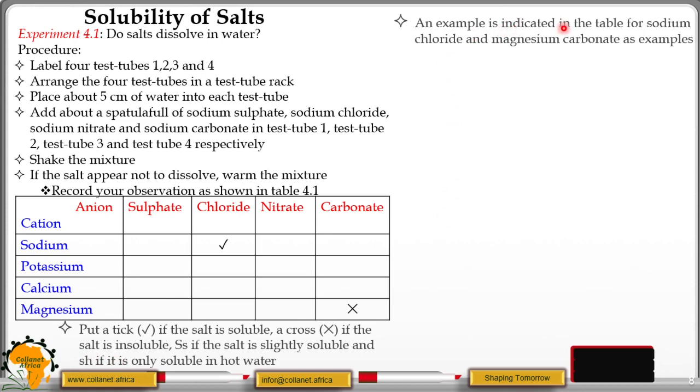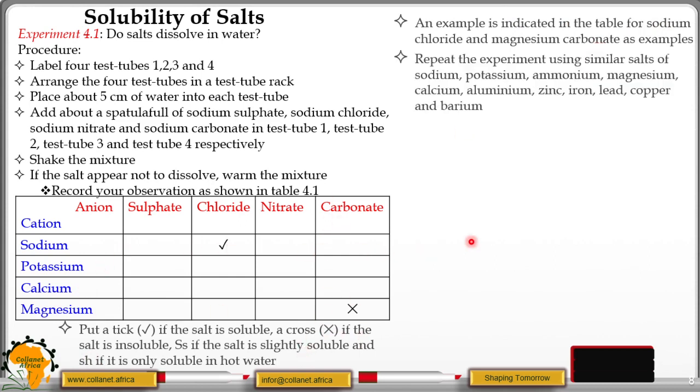An example is indicated in the table for sodium chloride and magnesium carbonate. Then repeat the experiment using similar salts of sodium, potassium, ammonium, magnesium, calcium, aluminium, zinc, iron, lead, copper, and barium.